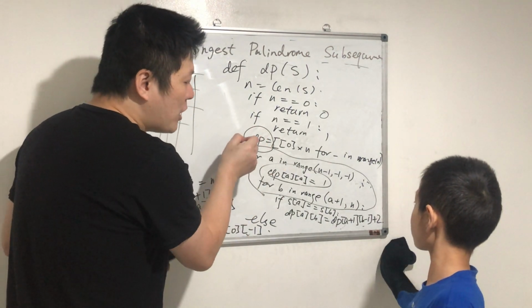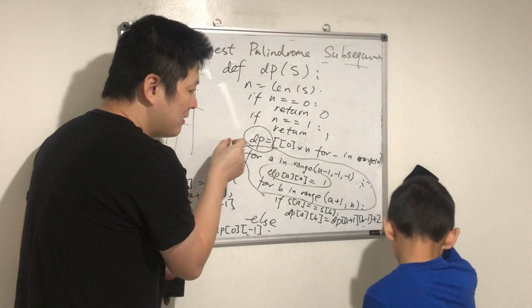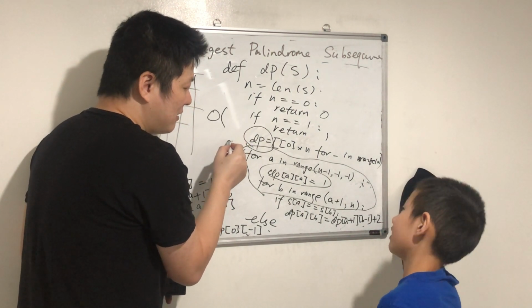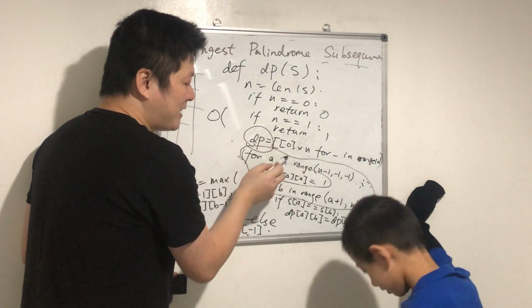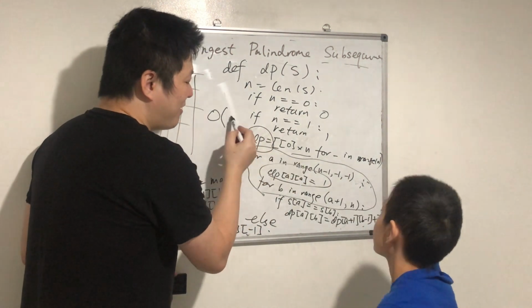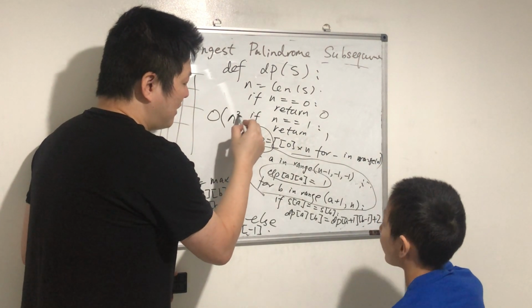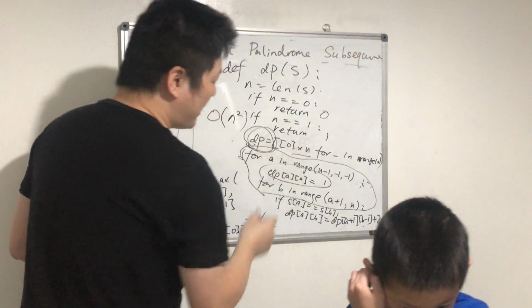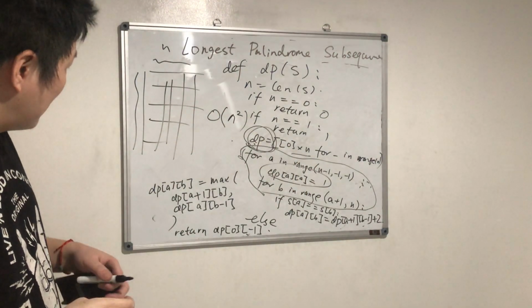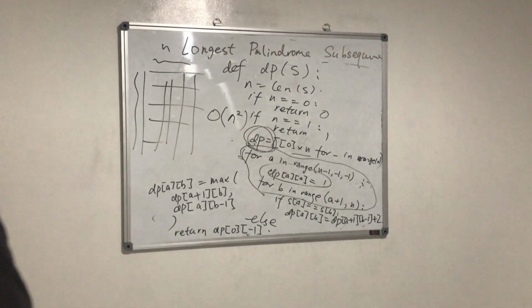What's the space complexity? We are creating a two-dimensional array based on this number N, so N square. Any questions so far?